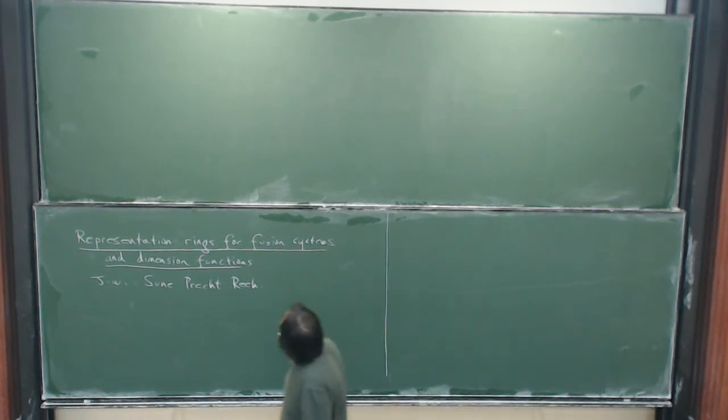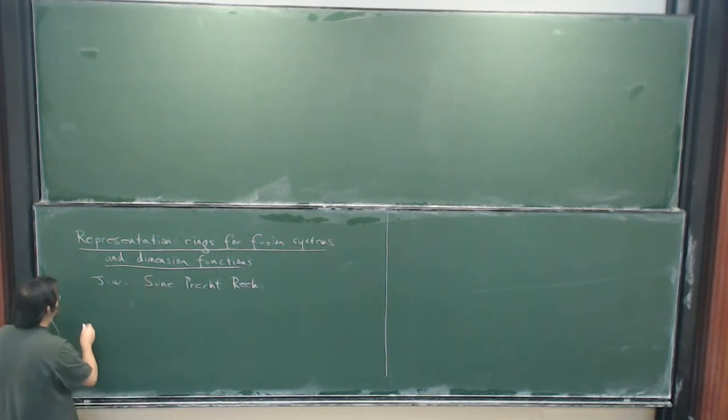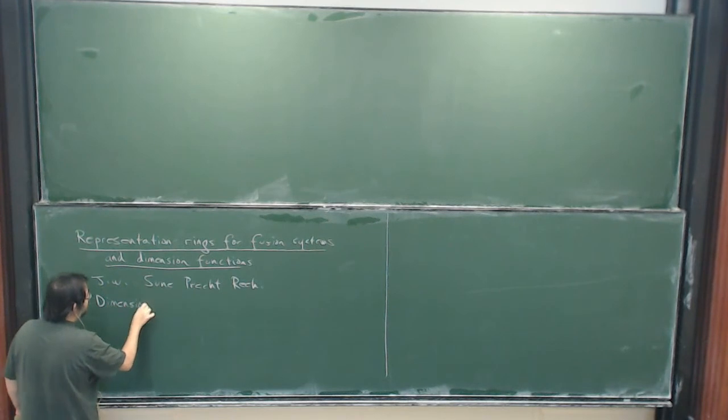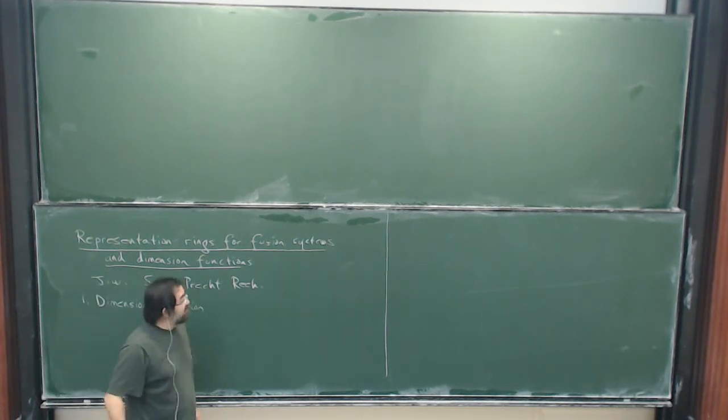Normally we start with fusion systems, but because this was a workshop on fusion systems, I want to make a difference and start with dimension functions. So I want to explain what a dimension function is, and then from there, we'll go to the fusion systems.